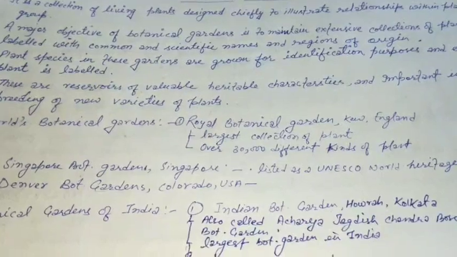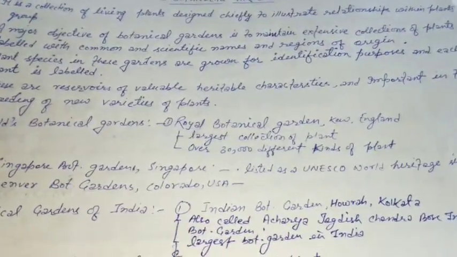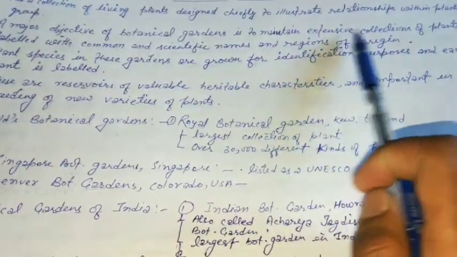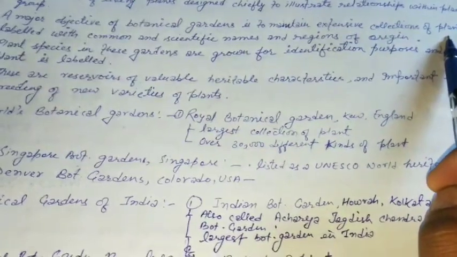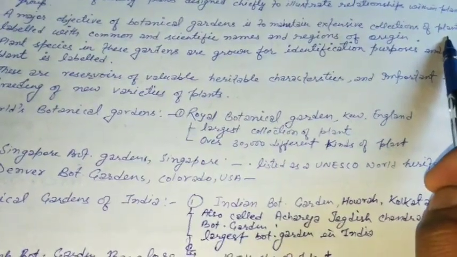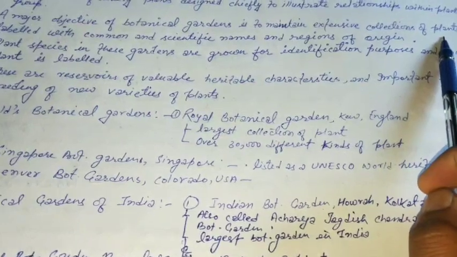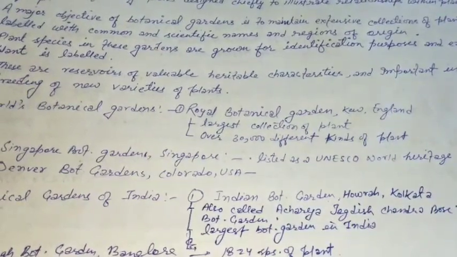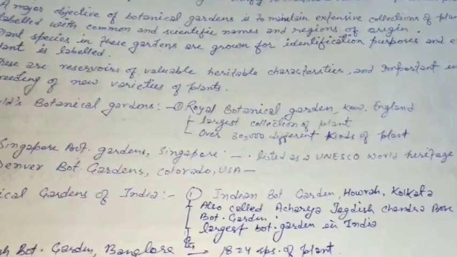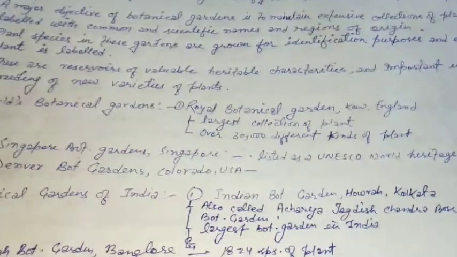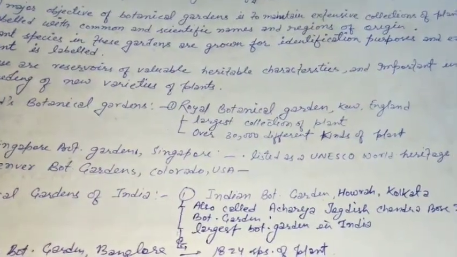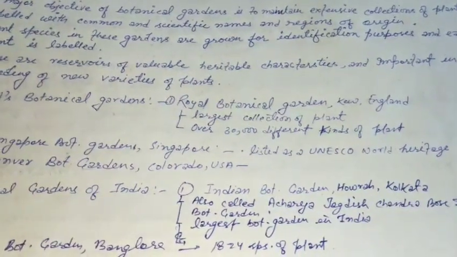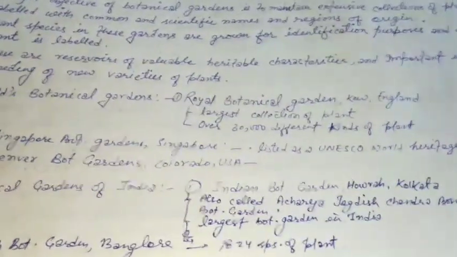So what is the major objective of a botanical garden? One of the major objectives is to maintain an extensive collection of plants. A large collection of plants is maintained within the botanical gardens, and all the plants are labeled with their common name, scientific name, the family, and sometimes the region of their origin.